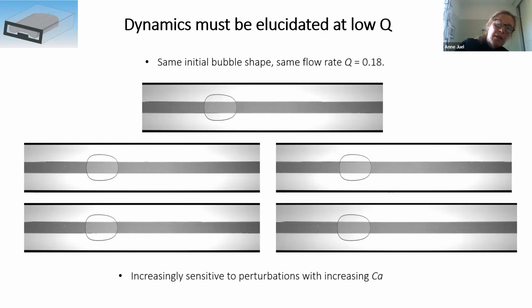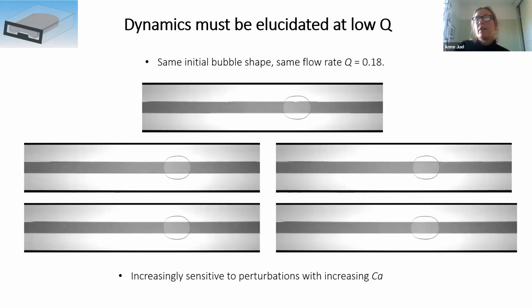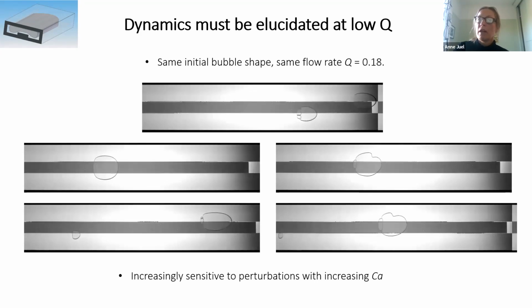Now, the next thing you would want to do is start looking at these more complex dynamics. But if you go to high fluxes or high flow rates, then you can start exactly the same bubble 5 times over, and you end up with completely different outcomes.